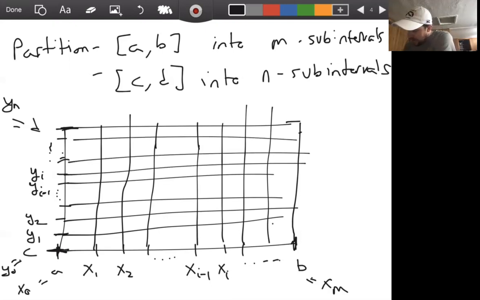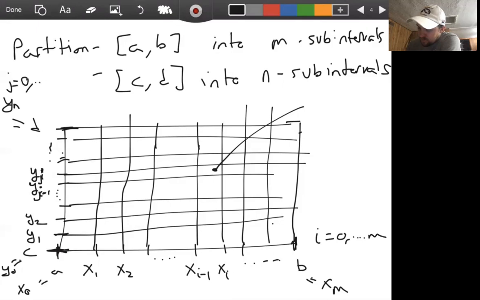And so you could look at, sorry, I want to index my y interval with j, right? Because they have different indices, right? I is running from 0 to m, and j is running from 0 to n.